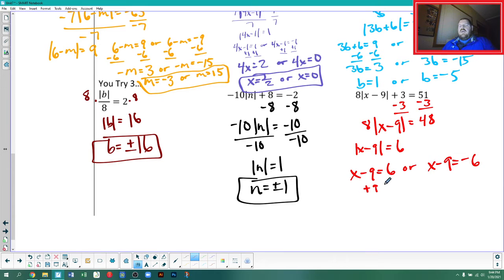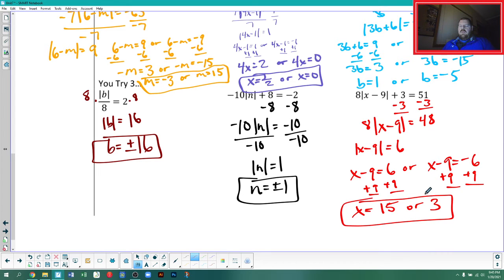Add 9 to both sides of both equations. x equals 15, or as a shorthand, you don't necessarily have to write x equals again. You could just say or 3. Getting 3 from the negative 6 plus 9.